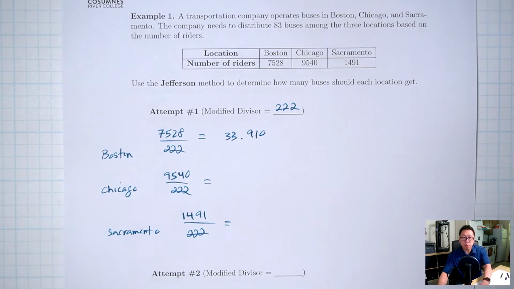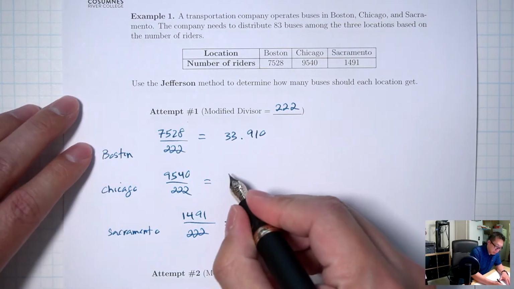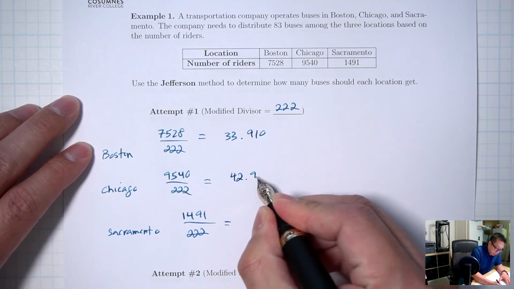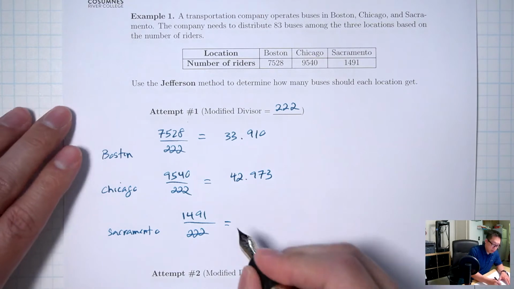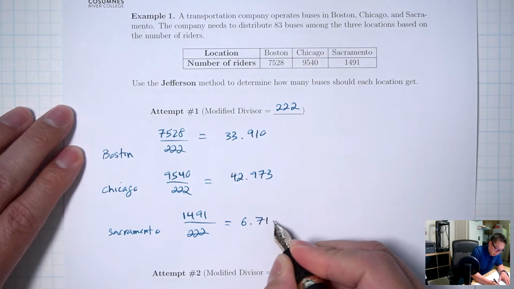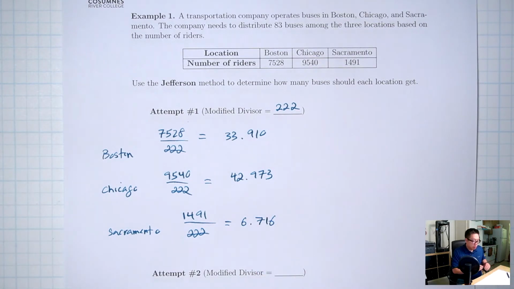Next up, 9540 divided by 222, 42.973. 1491 divided by 222, 6.716. And similar to the Hamilton method, you round down.